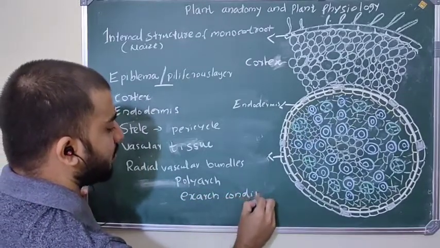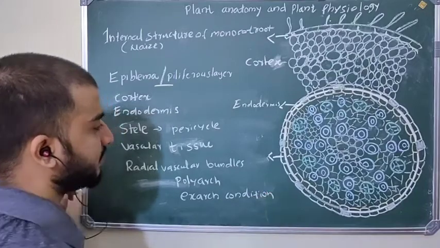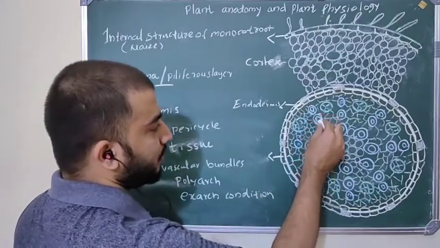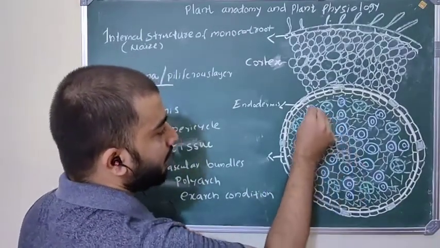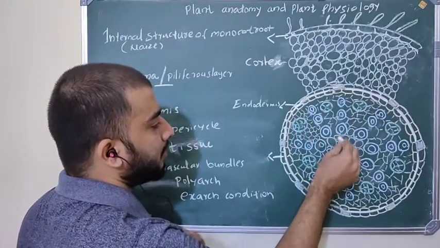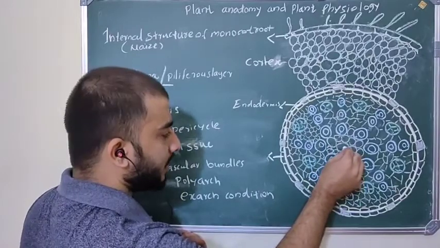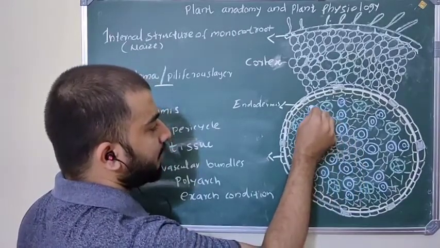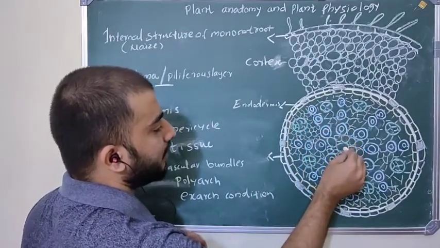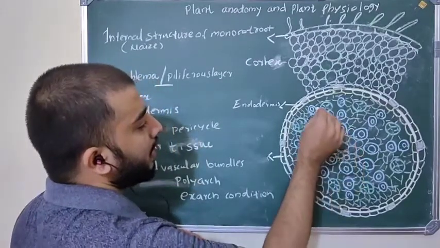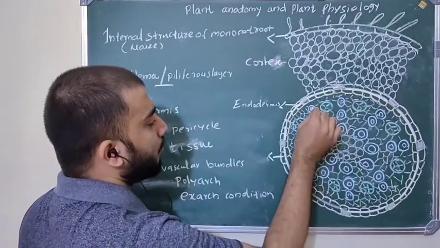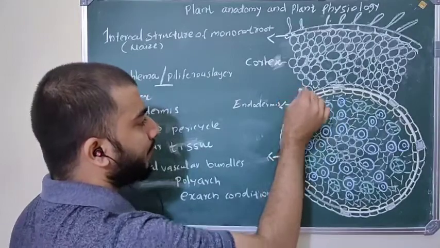Exarch. What is meant by exarch? Observe these xylem tissues. They have protoxylem and metaxylem. The metaxylem is directed to the inner side of the root, and the protoxylem is directed to the periphery.